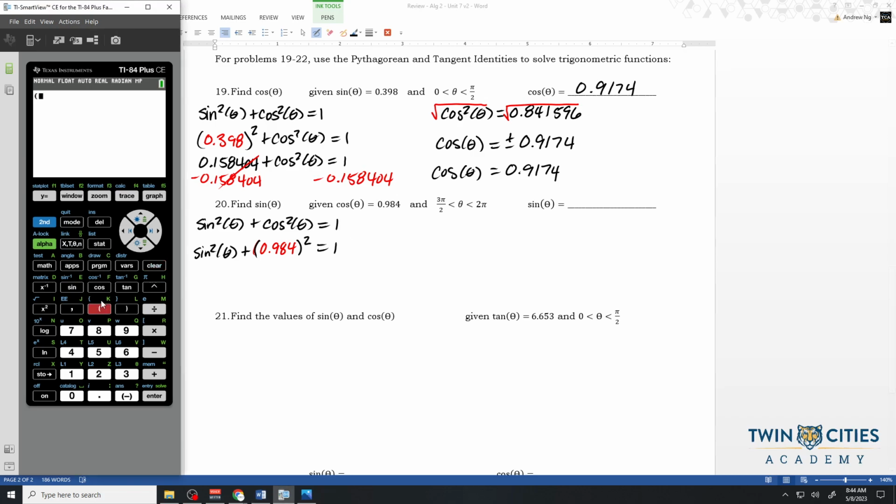In the calculator, we will find 0.984 and square that. So now I've got sine squared of theta plus 0.968256. This is equal to 1. And just like before, we're going to subtract this from both sides.